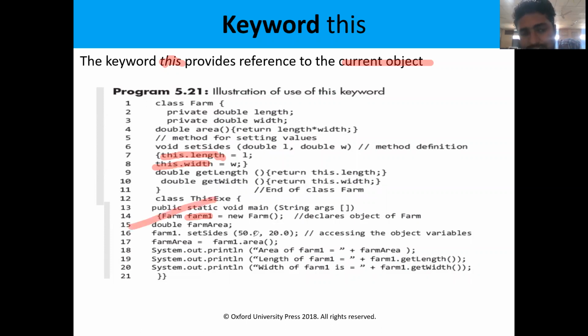For the next instance, these variables refer to object 2. That means there must be a differentiation between the current object and upcoming objects. Then we need the keyword this to refer to the current object, where we will use the keyword this.